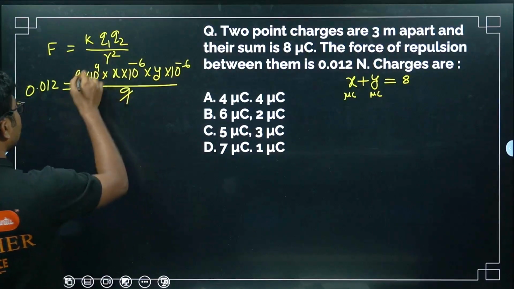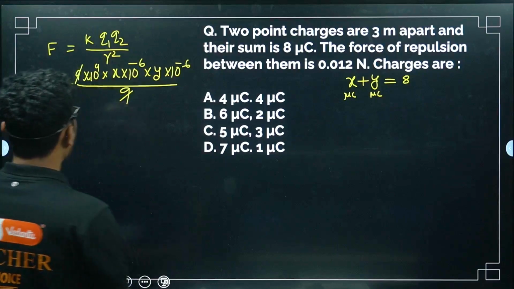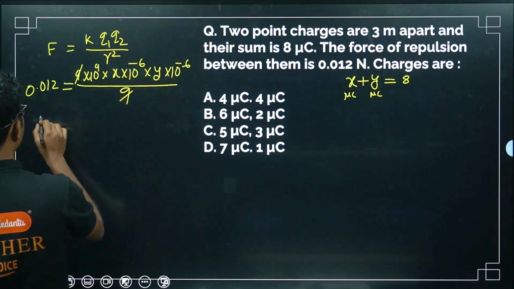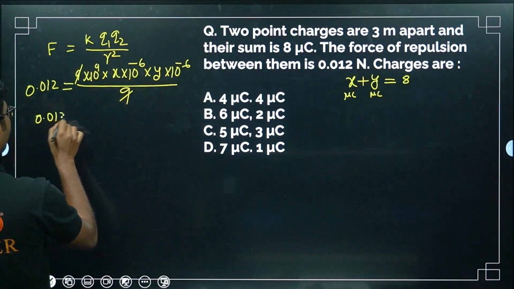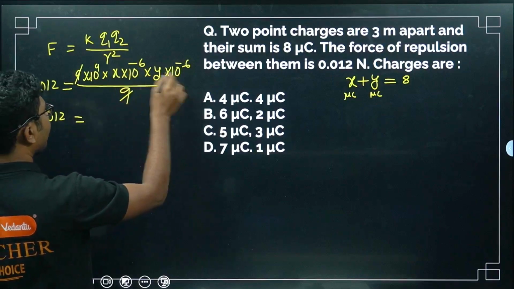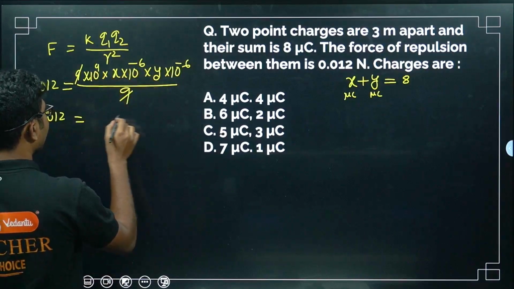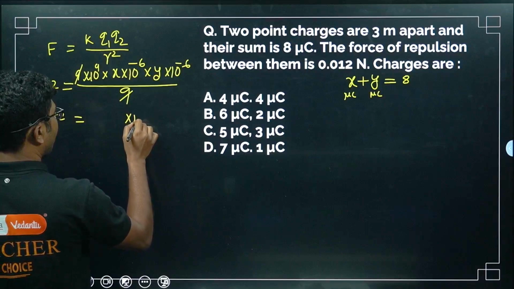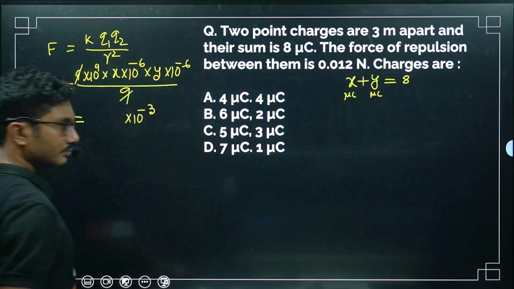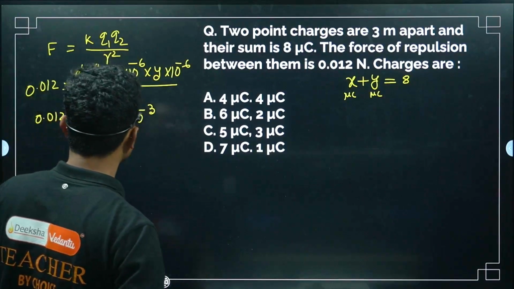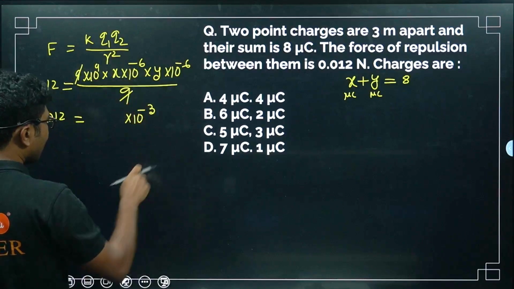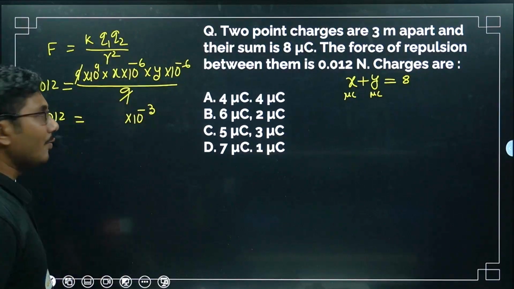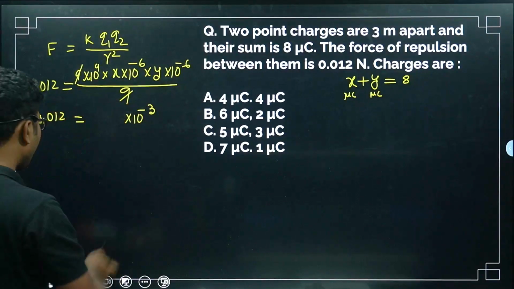So this will cancel, and what we will get is 0.12 equals xy times 10 to the power of minus 3, right? Now if I take this 10 to the power of minus 3 to this side, it will become 10 to the power of plus 3.